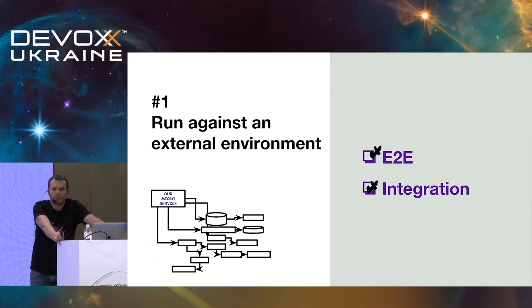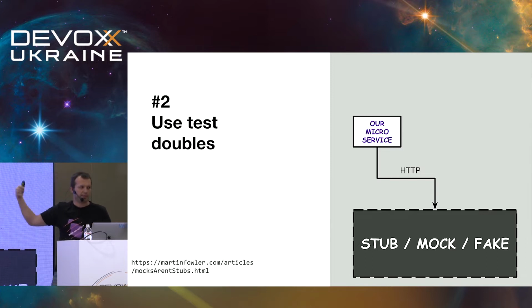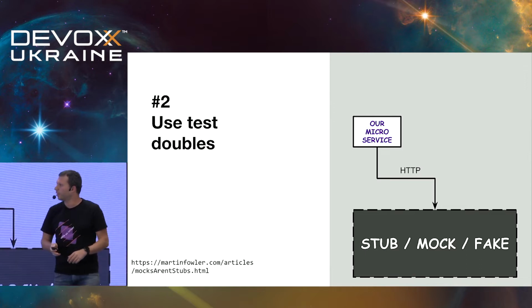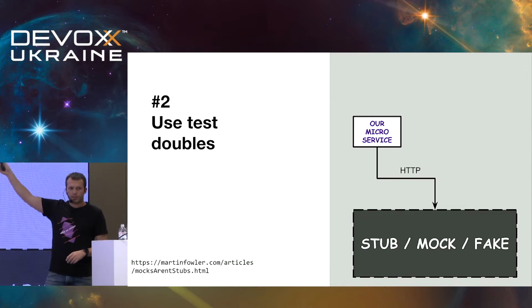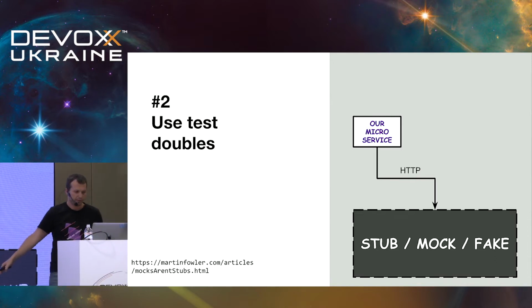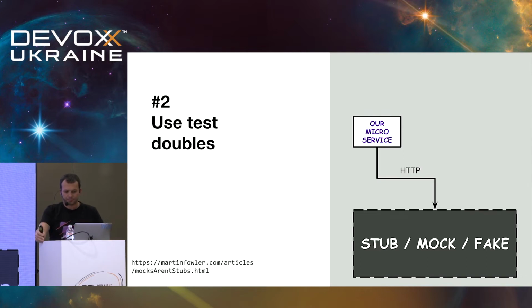Okay, now let's move to the next approach, which is drastically different. It's using test doubles. But the important part here is that you're using the test doubles over the same protocol that you use in your real system. So you have your microservice, and you use stubs or mocks or fakes behind this same protocol.